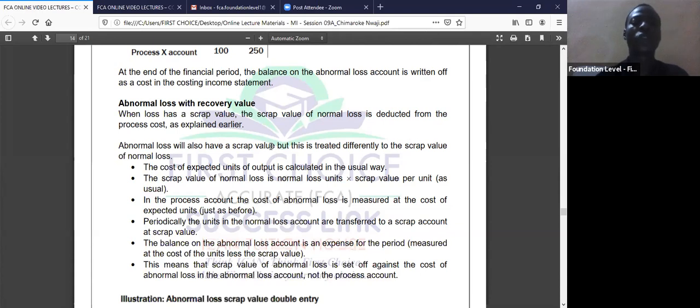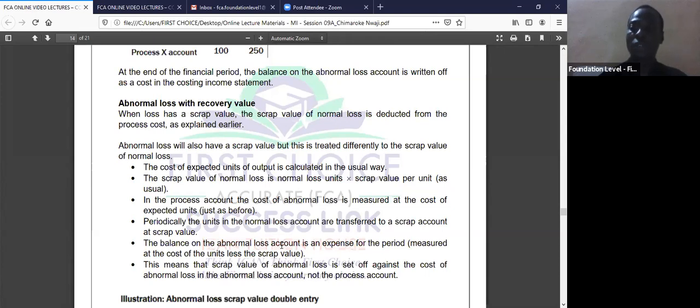Abnormal loss will also have a scrap value, but it's going to be treated differently from the way we treat normal loss. Now, we said the cost of expected units of output is going to be calculated in the usual way.